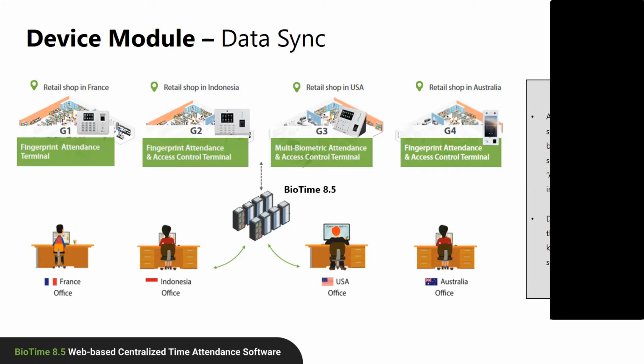If different devices are connected to the same area, all the data will be synced at the same time, and an employee can verify their face or fingerprint from any location where a device is in the same area.